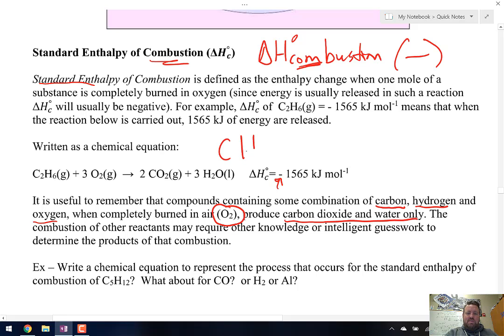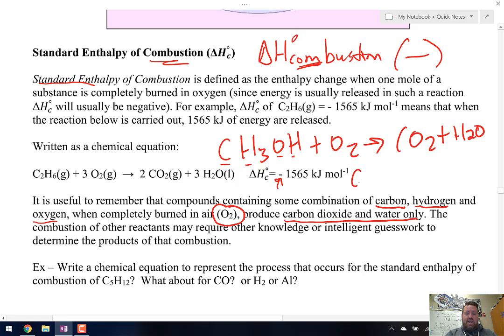So even if they say something like methanol, CH3OH, combusts completely in air, it reacts with O2, you're like, okay, it only has carbon, hydrogen, and oxygen in it, so my products are CO2 and H2O. What if it only has carbon and hydrogen and no oxygen, such as ethane, C2H6 plus O2? It's still going to produce CO2 and H2O because the oxygen is coming from the O2 at the beginning of the reaction.